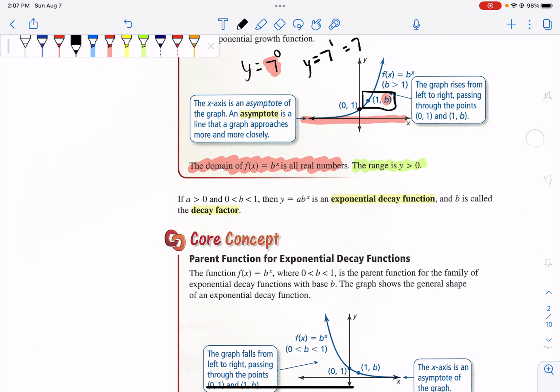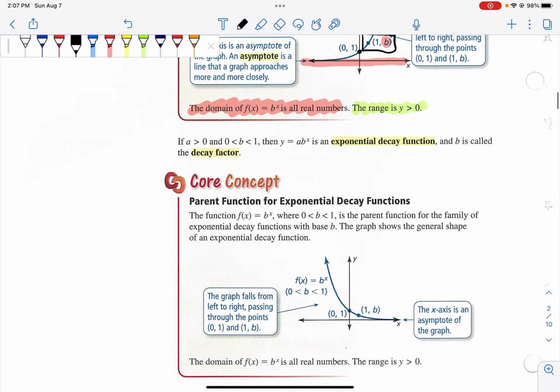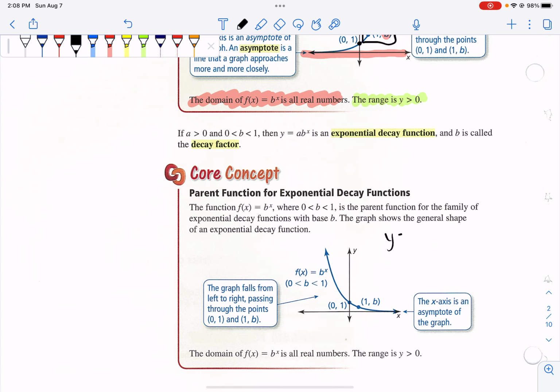Now, what happens if my b value is not greater than 1? Let's say I have a b value, something like y equals 0.5 to the x, or y equals 0.001 to the x value. This is called an exponential decay function.